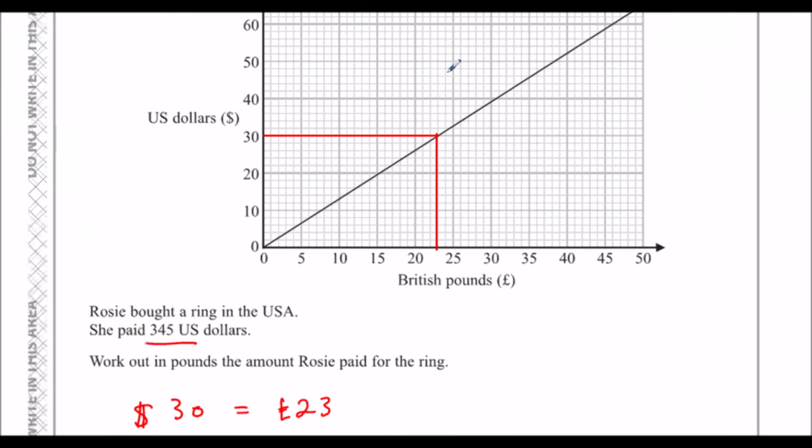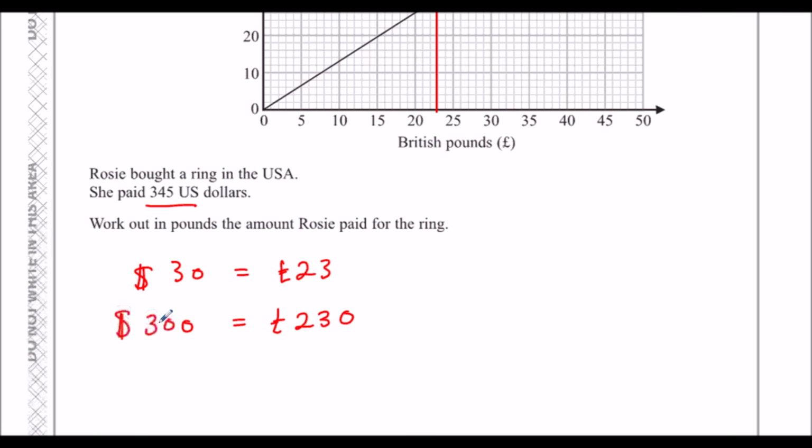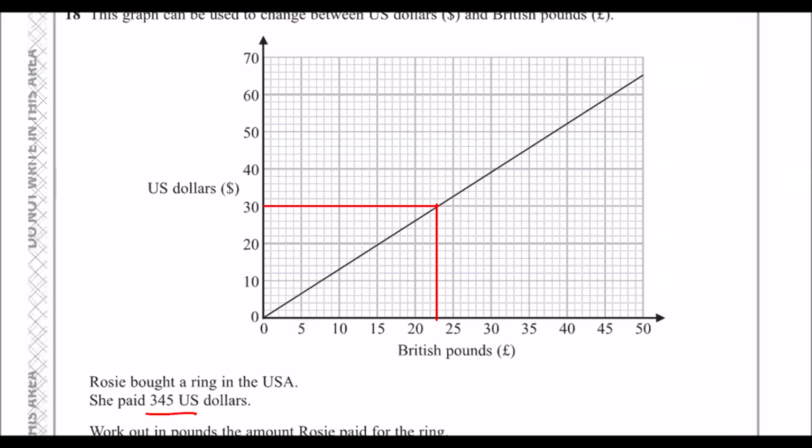Then we can either get 45 pounds off the graph and add it on, or add on 30 and then add on half of 30 for the other 15. I'll get the 45. So get the 45 off the graph. So 45 off the graph seems to be, so 45 comes out at 34 pounds.